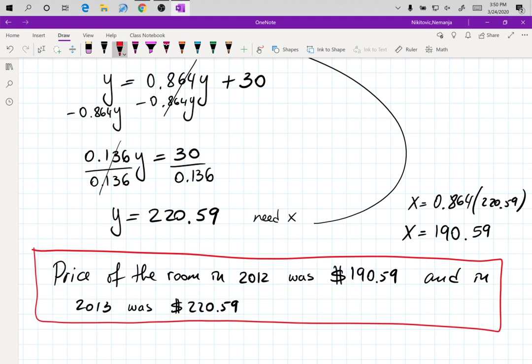Let's do another word problem because we love these word problems so much. Should we do mixture or real estate, exercise and calories?